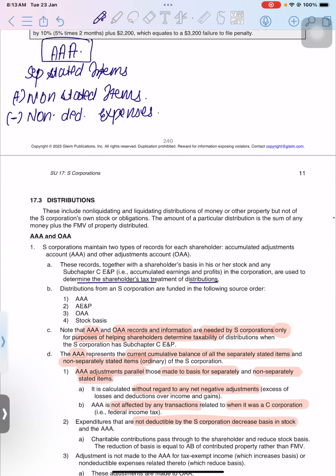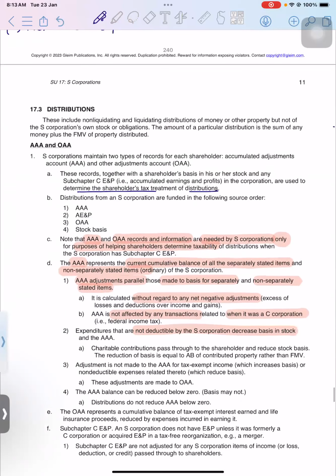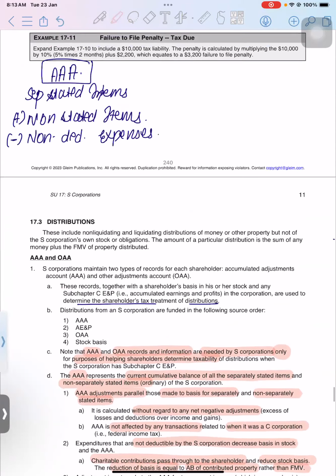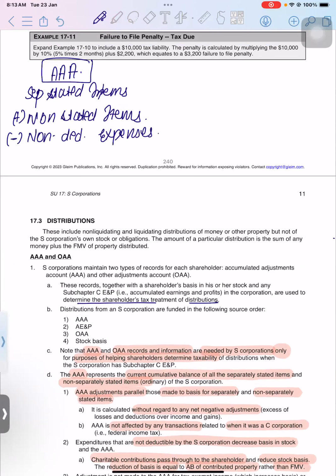Understand this properly. For example, a charitable contribution will pass through to the shareholder and reduce the stock basis. The reduction in the basis is equal to the adjusted basis of the contributed property rather than the FMV. So in this case, let's say a non-cash property has been distributed.